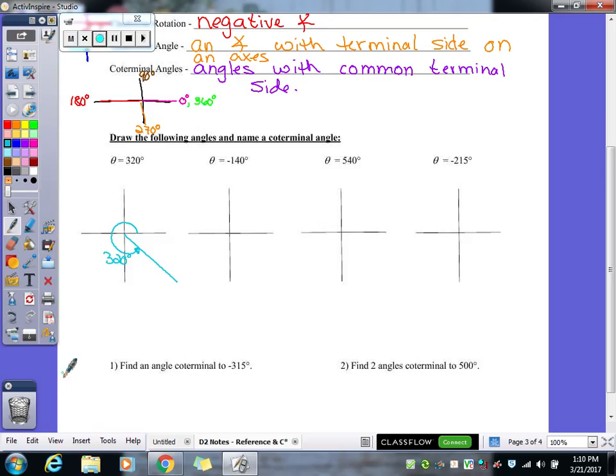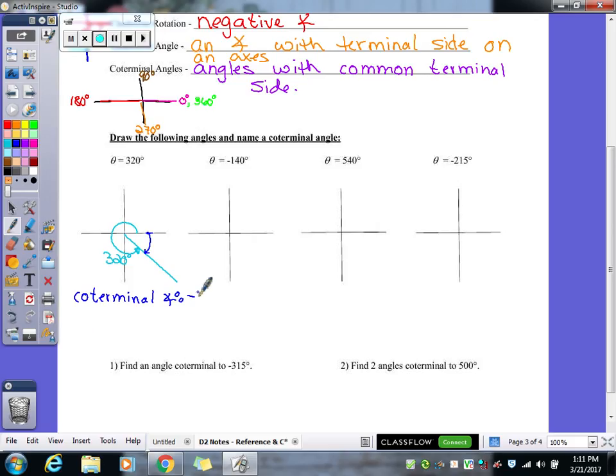So then we have to find a coterminal angle to go with it. Our coterminal angles are usually angles that are negative, and they come from your initial side and go backwards through to meet your terminal side. So your angle that you had and your coterminal angle have to add up to 360. So what's 360 minus 320? 40.